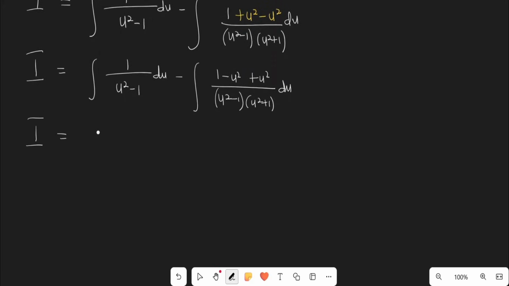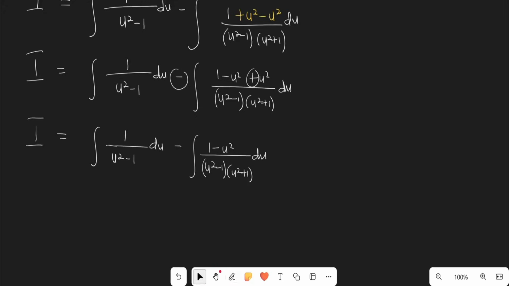So I is equal to the integral of 1 over u squared minus 1 du minus the integral of 1 minus u squared all over u squared minus 1 multiplied by u squared plus 1 du. And now minus and positive here, that becomes negative, right? Minus the integral of u squared all over u squared minus 1 multiplied by u squared plus 1 du.